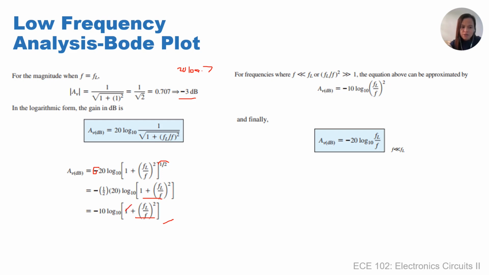The value of the gain would be approximately negative 10 log of (FL over f) squared. By the law of logarithm, the square can be put near the constant. So we have 2 times negative 10, so we have negative 20 log FL over f, whenever the frequency is very much less than FL, or FL over f squared is very much greater than 1.